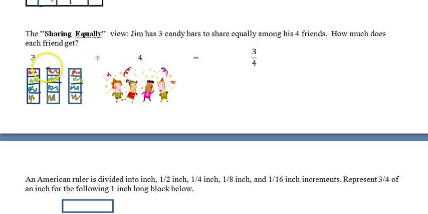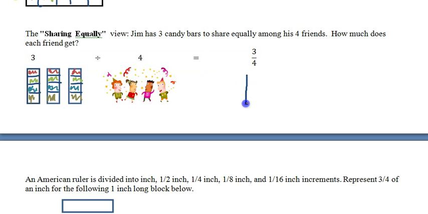So if you look at it as a picture, as one whole piece, right? If you were to take each of these pieces and put them together, it would be 1, 2, 3. If you were to compare that little piece right there, you take and share it up equally.